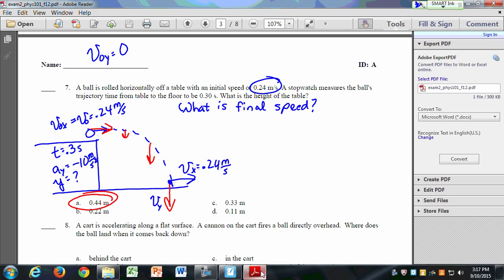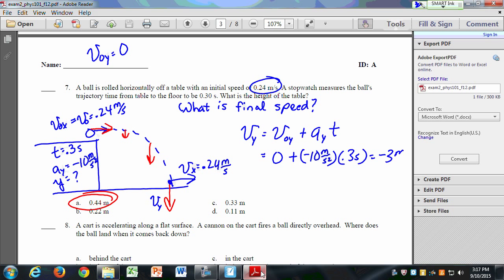They'll be the x and y components of the vectors, and then I can find the speed of the object. So in order to do that, I say Vy is V naught y plus Ay times t. That's 0 plus negative 10 times t, which is 0.3 seconds. So it's negative 3 meters per second. So I have 0.24 in this direction and negative 3 in this direction.